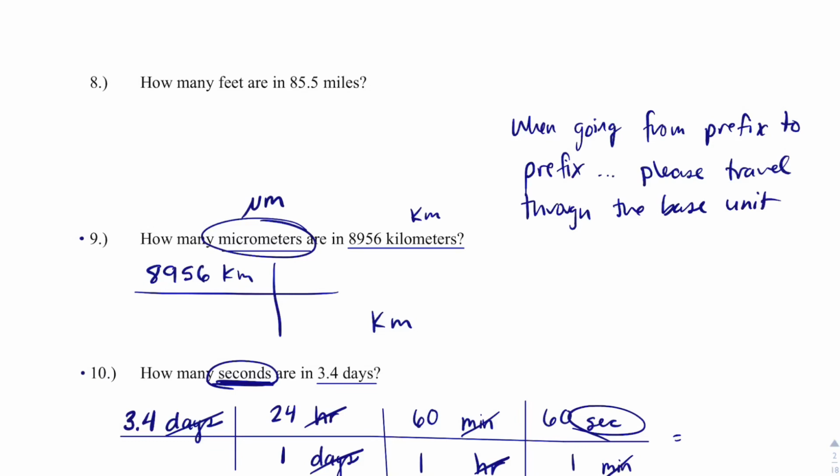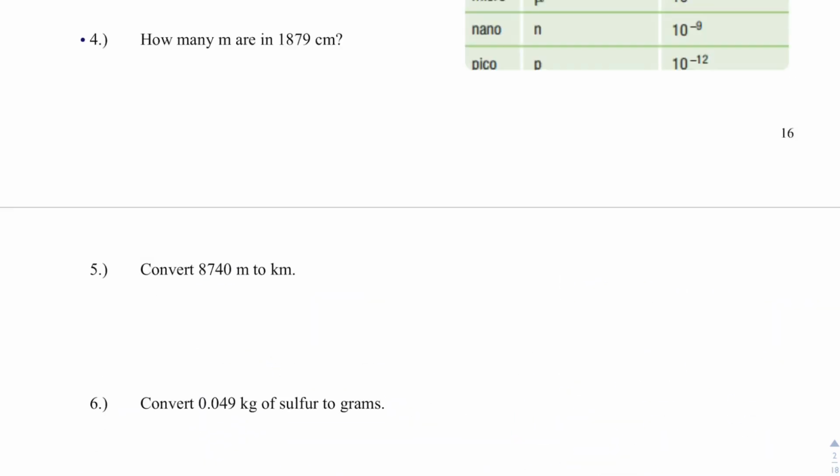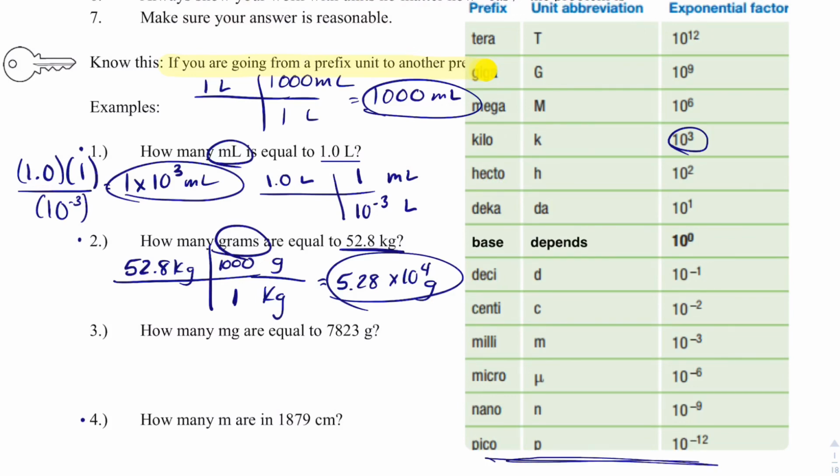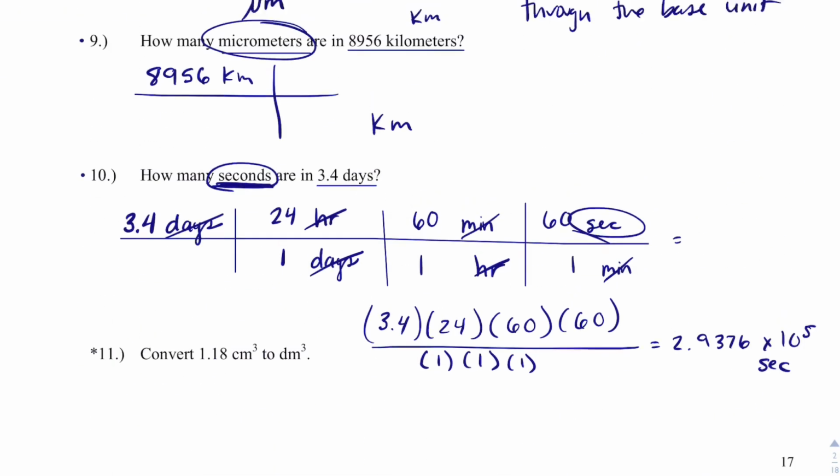Now, if you know exactly how to go from micrometers to kilometers because you have that memorized, feel free to do that, but it needs to be correct. The way I'm teaching it would allow anybody to just memorize their metric prefixes from this chart and not anything more and still be able to do this.